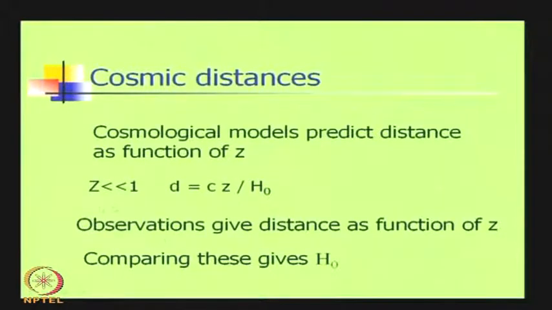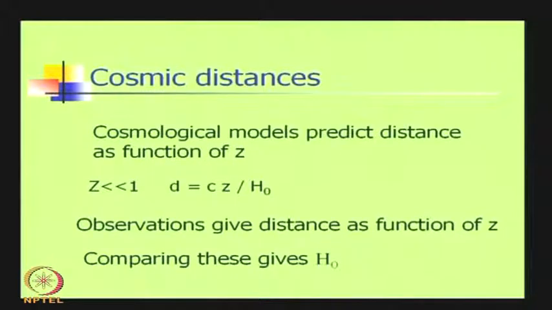So, the basic idea that we are going to discuss now is how to determine H naught, and observations at low redshift can be used to do this. So, if you can measure the distances to different galaxies independently and the redshift independently, you can then determine the value of the Hubble parameter.